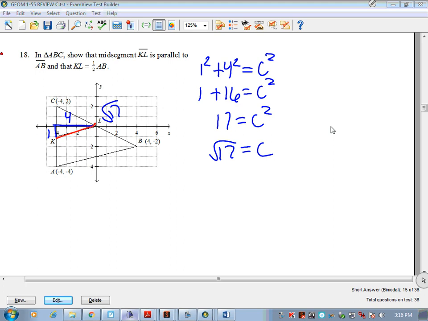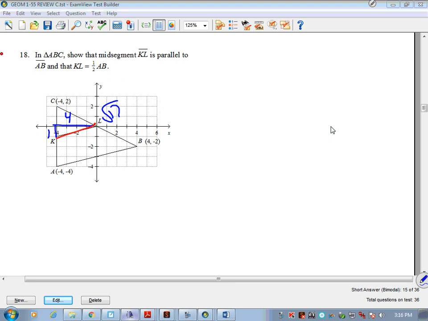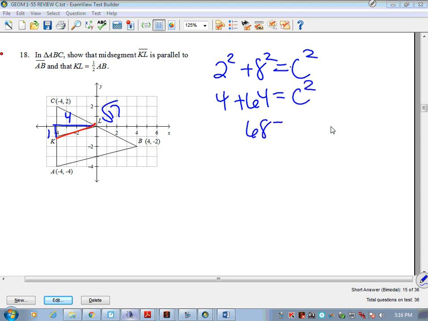All right, now I do the same thing with AB. Okay, in AB, it goes up 2 over 8. So 2 squared plus 8 squared equals C squared. We've got 4 plus 64 equals C squared. We've got 68 equals C squared.